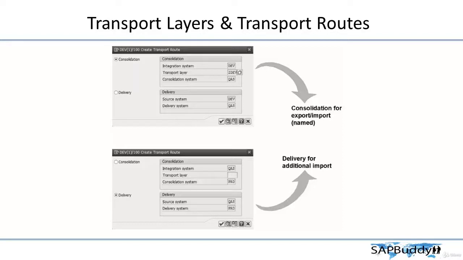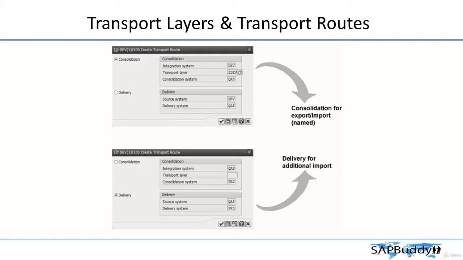The consolidation route will also have its own name. However, in the delivery route, we will not have any names. So the consolidation route from development to QAS will have a route name. The delivery route will not have a route name. That is one difference here.